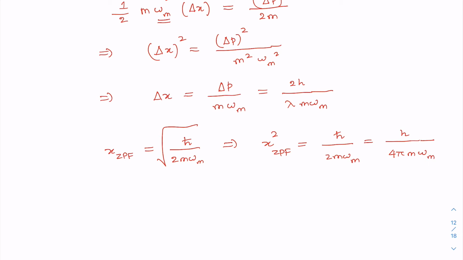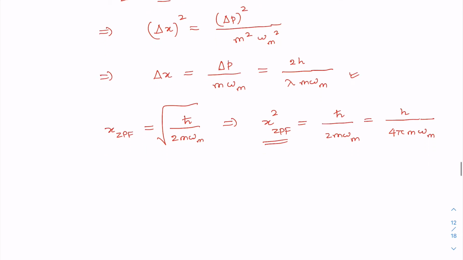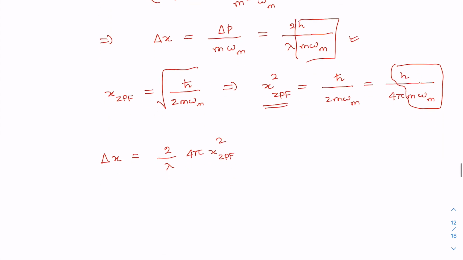So this equation I can utilize here. I can write delta x is equal to 2 by lambda, and this part I can replace by h cross, which I can replace by 4 pi x zero-point fluctuation square. Or I can write the ratio delta x, the displacement, divided by the zero-point fluctuation, that would be equal to 2 by lambda.